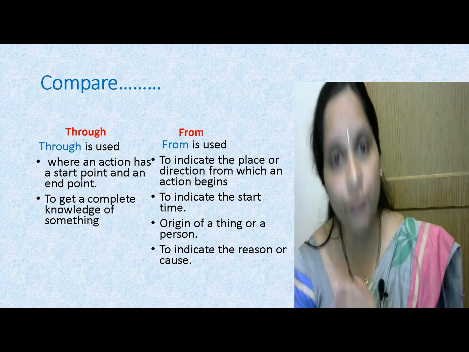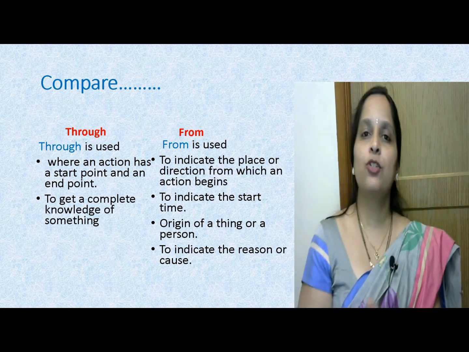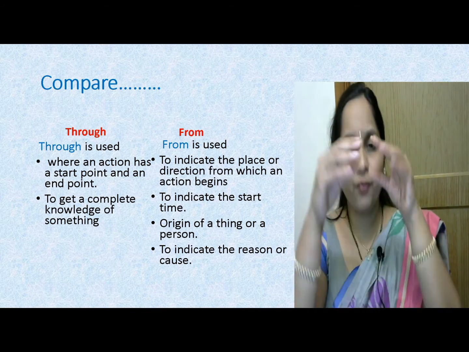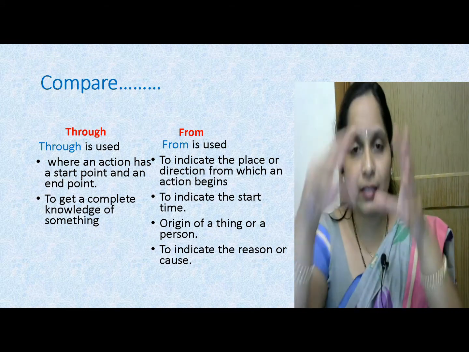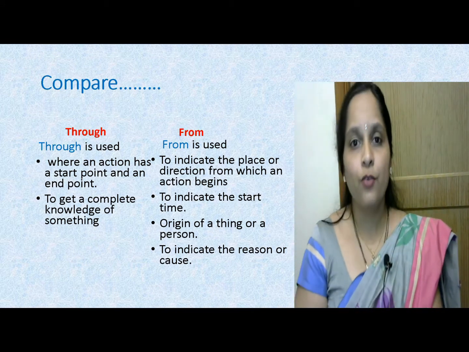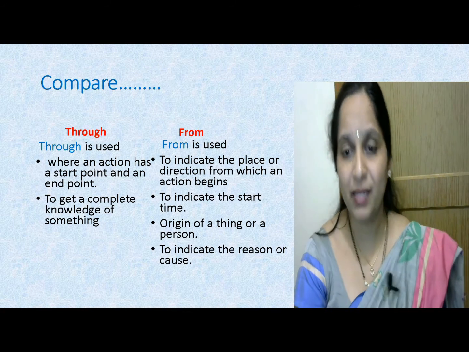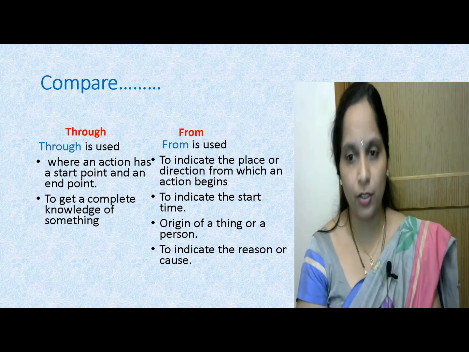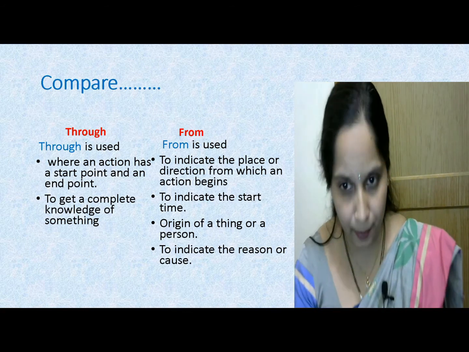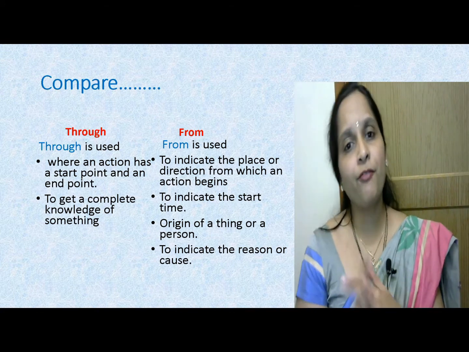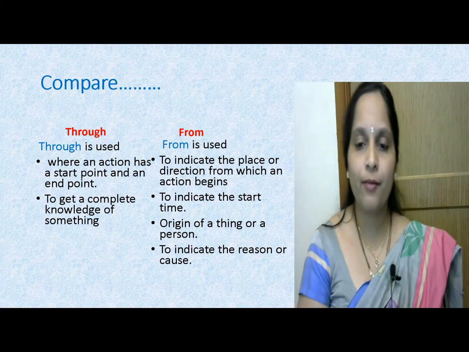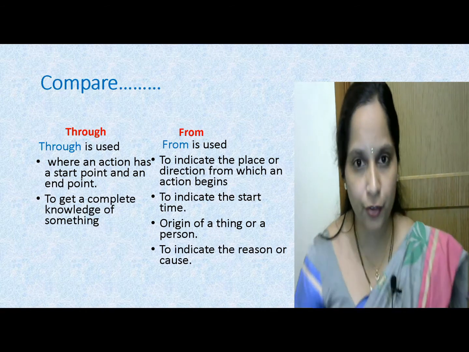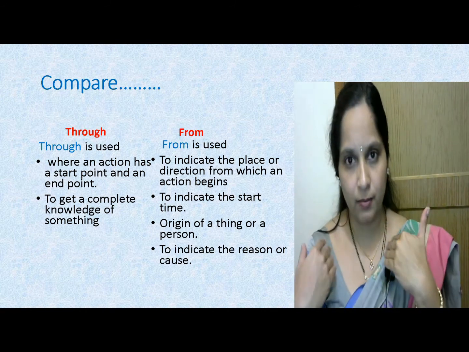When am I using from? From is used to indicate the place, the starting place where the action begins, correct? From, say, Majestic. From my college. It indicates the start time. Also, I am from Karnataka, or I am from Gujarat, the origin of a person or place.